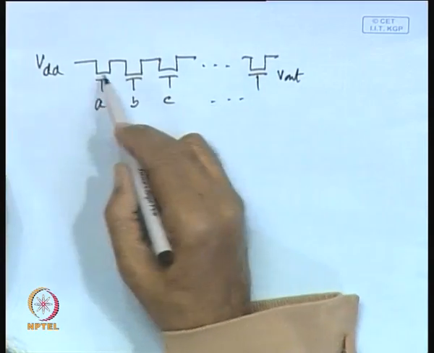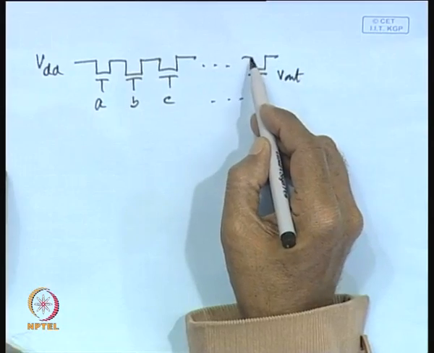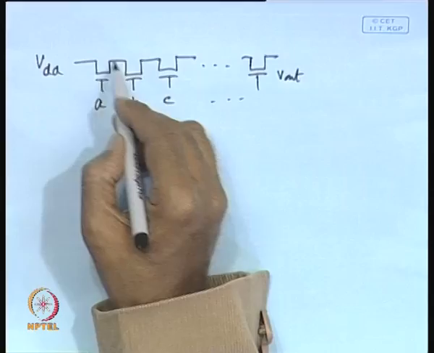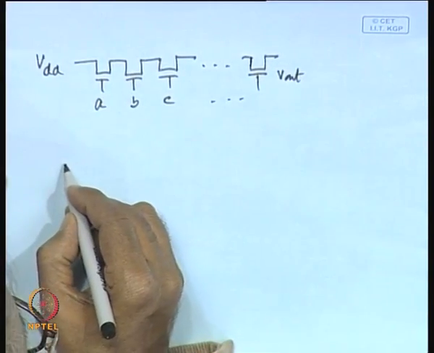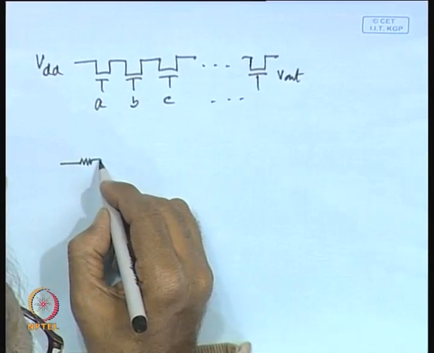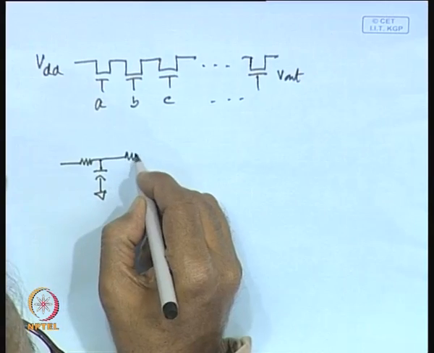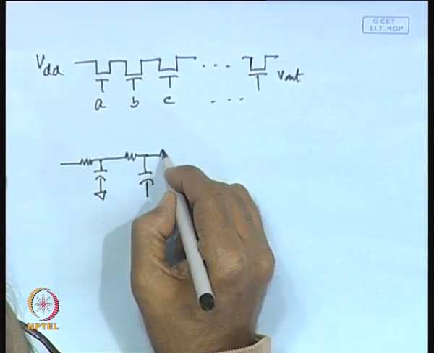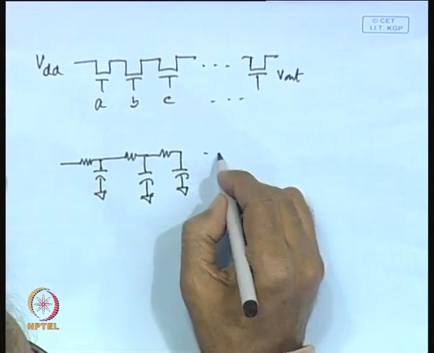That means, whenever the signal is passing through a large number of fast transistors, what is the outcome of this? It will lead to long delay, because each transistor is associated with a resistance and a capacitance. We can model this as a resistance and a capacitance, and a resistance and a capacitance, and a resistance and a capacitance. Capacitance is connected to ground.